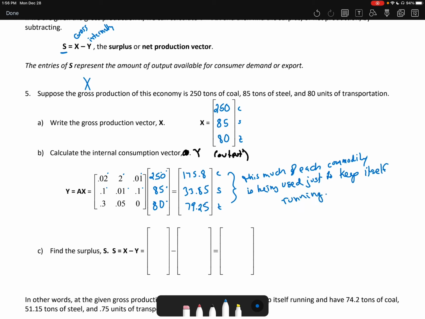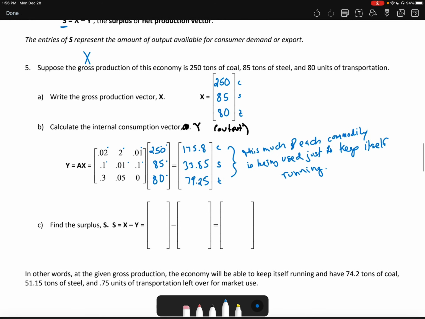Okay, so then the question is, what's left over? What's the surplus? Again, if we take the gross, overall they've made 250, 85, and 80. Already used up in the process was 175.8, 33.85, and 79.25.